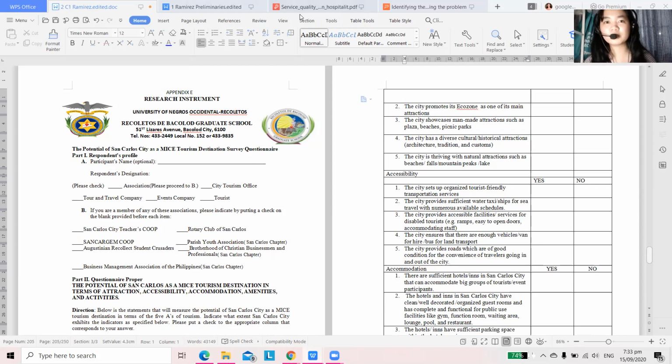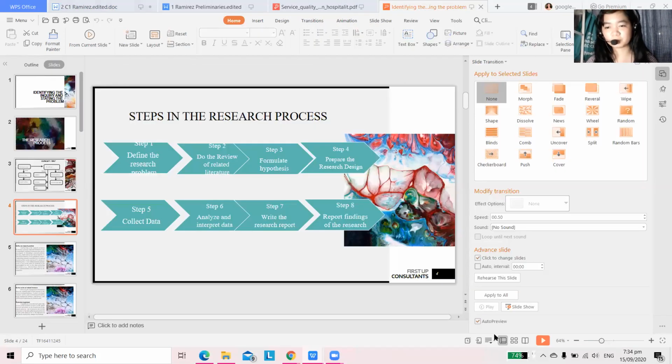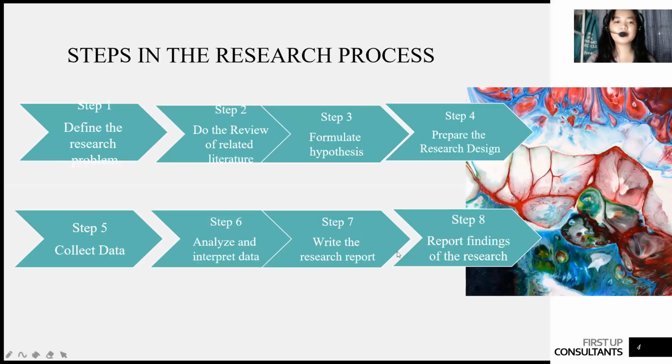So think about your statement of the problem so that at the same time it is easy to make your survey questionnaire. Once you have a survey questionnaire that has passed the test of validity and test of reliability, that will be the time that I will administer my questionnaire to the respondents.